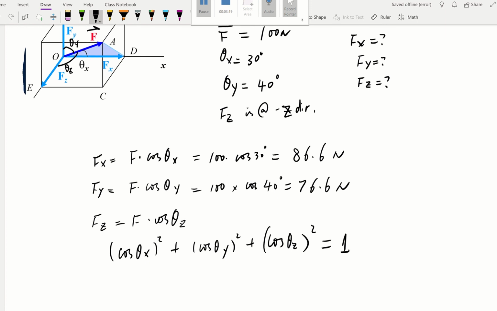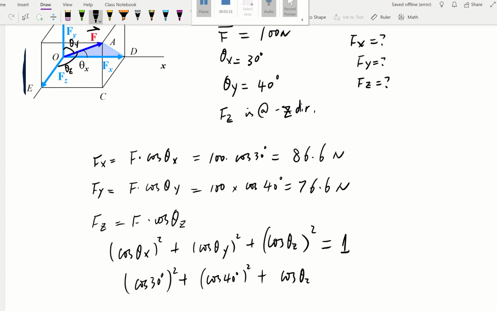So we can put it in there: cosine squared 30, plus cosine squared 40 degrees, plus cosine squared theta z equals 1.